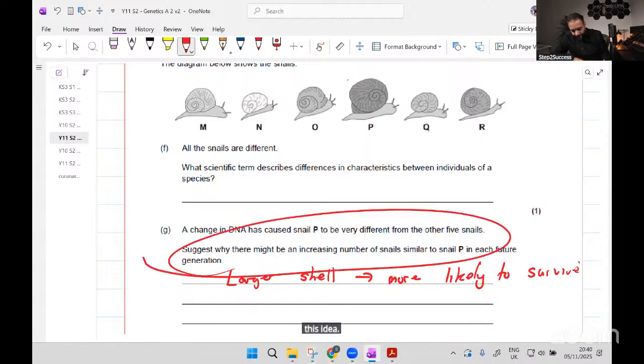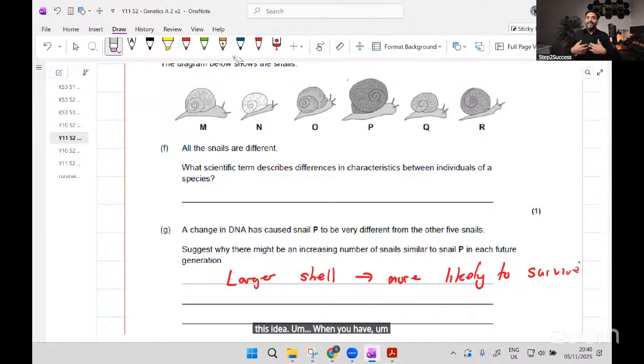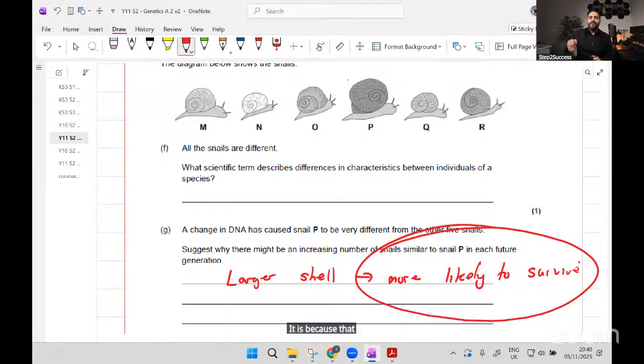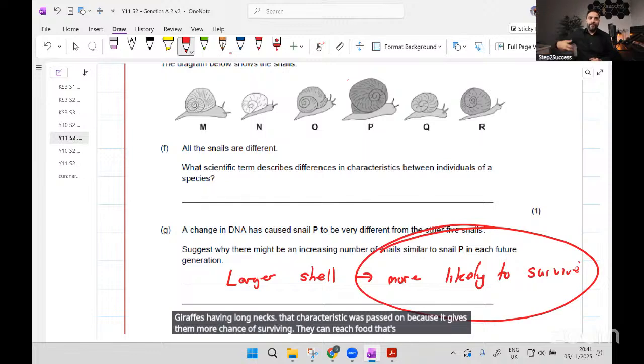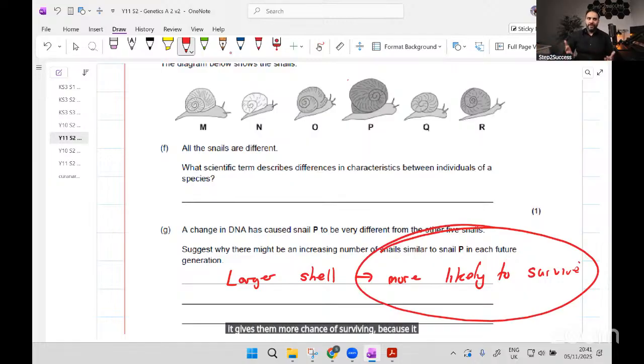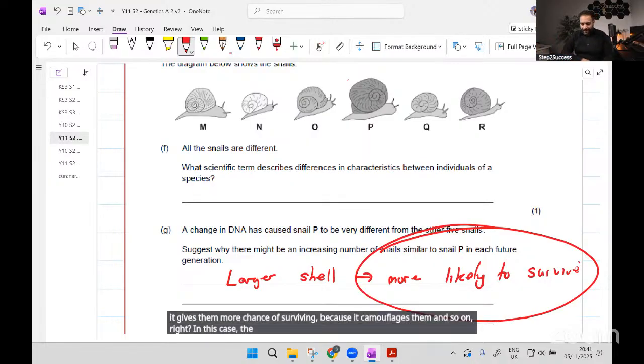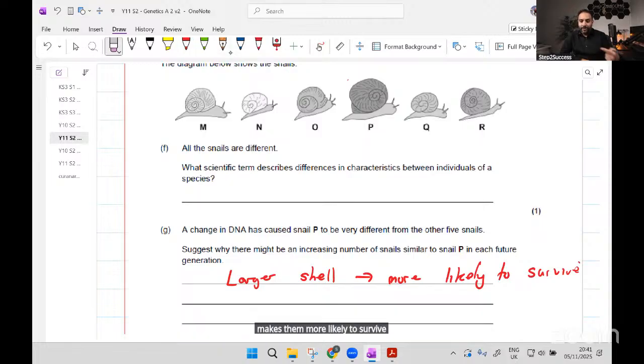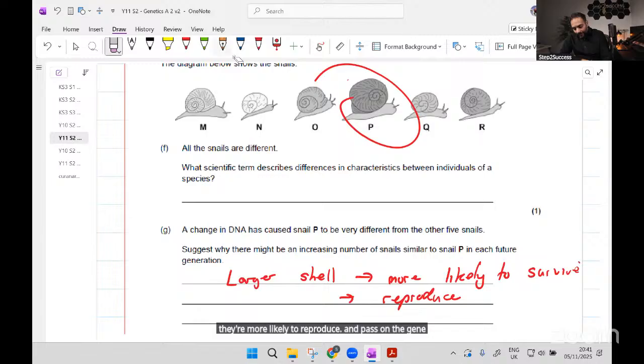When any characteristic is passed on to the future, it is because that characteristic makes you more likely to survive. Giraffes having long necks, that characteristic was passed on because it gives them more chance of surviving. They can reach food that's higher up. Polar bears having white fur gives them more chance of surviving because it camouflages them, and so on. In this case, the larger shell makes them more likely to survive. And if they're more likely to survive, they're more likely to reproduce and pass on the gene that gave them the large shell.